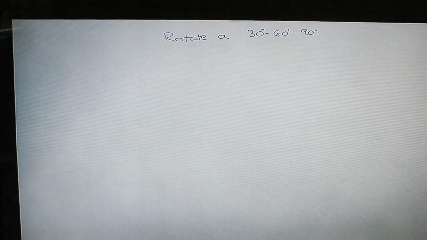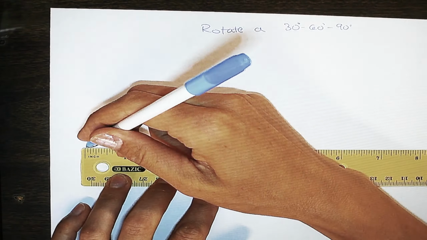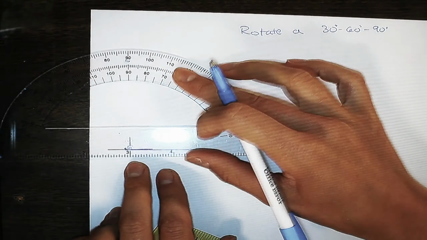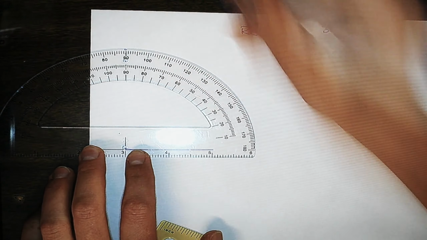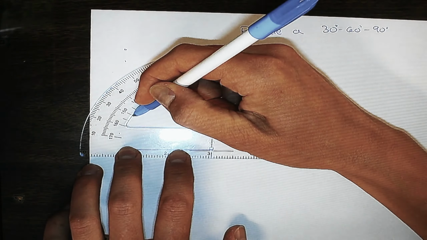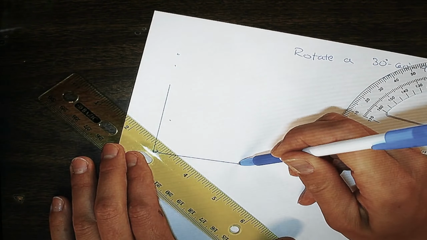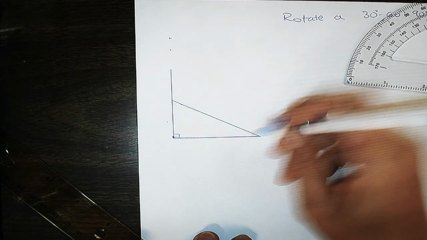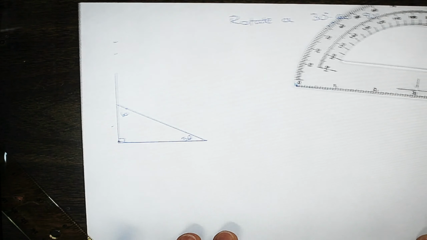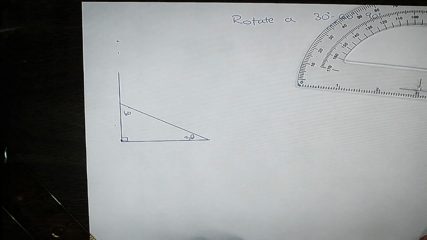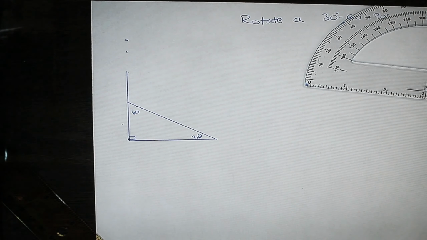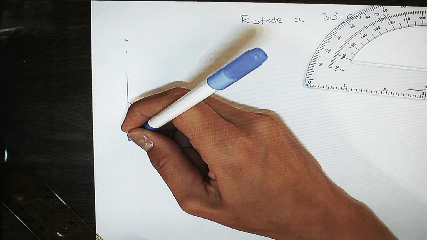Now we're going to rotate that triangle. We're going to rotate this. This is our third option. Let's pretend we're going to rotate it on this axis.